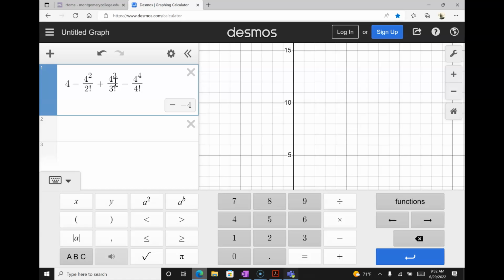Am I doing something wrong? Yeah, I'm getting a negative number. Maybe it's really hard for the factorial to get bigger than the power. After like the second term, how many terms? Nice.